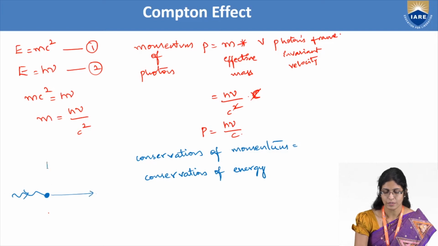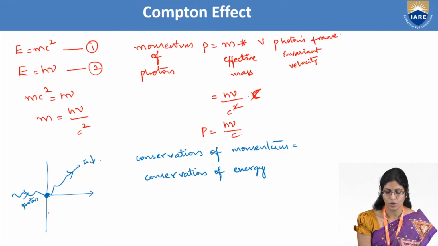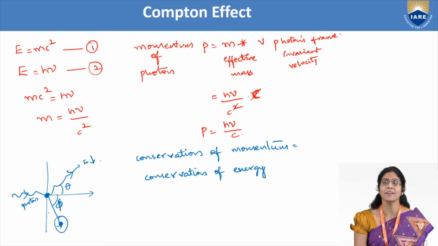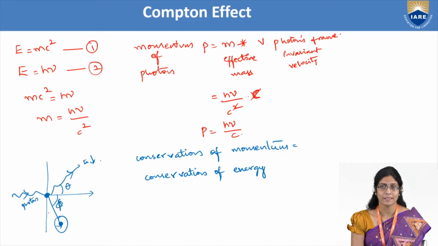Then this particular incident photon undergoes an altered change of path with lowered energy, and this electron takes another recoiled path. You call it the recoiled electron, and we have taken this angle as theta, and this as phi, the angles made by the scattered photon and the recoiled electron.